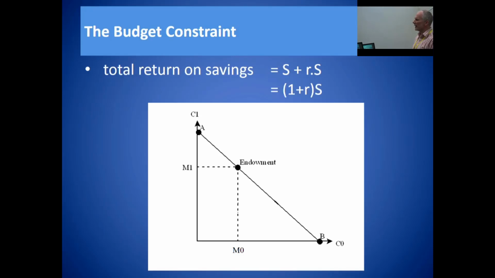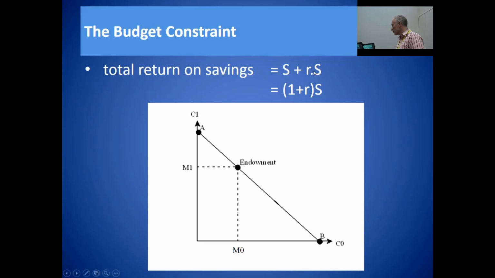Now, what I want you to think about is, if the individual saves in the present, how much does he get back in the future? Well, I'll use a bit of notation first of all, and I'll give you a very simple example with some numbers in it. So if the individual saves S pounds in the present, in the future, what does he get back? Well, if you save S pounds in the present, you get that S pounds back, plus you also get the return upon that S pounds.